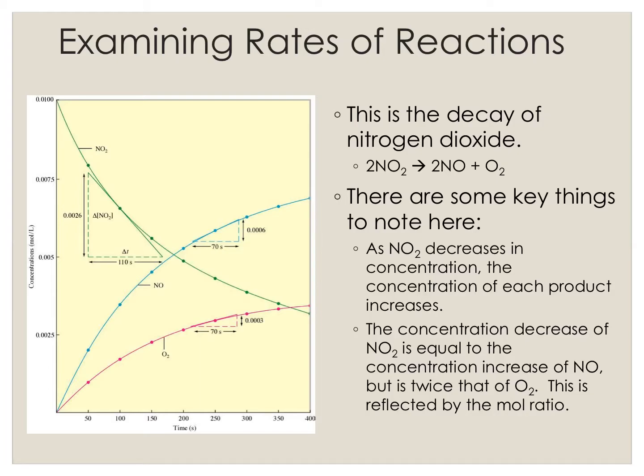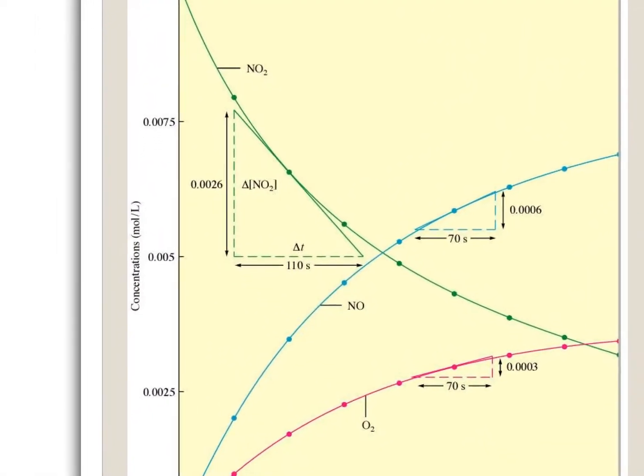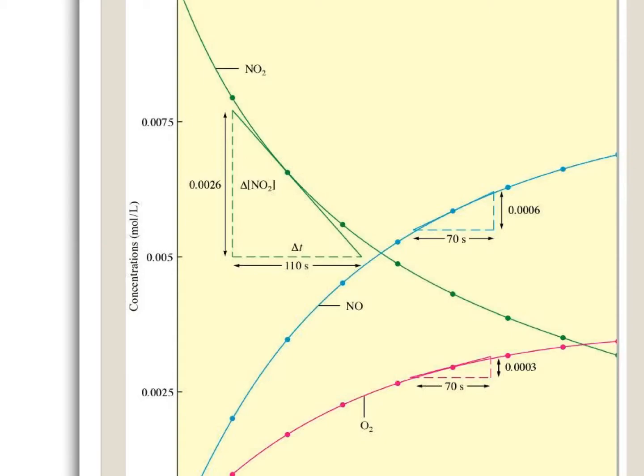So, examining the rates of reactions. I have this reaction here. My reactant is obviously the downward slope. This is what is going away in concentration. This is what is increasing in concentration. What you notice is that we have different colors occurring here, or different changes in slope. Without even looking at the reaction, you could figure out the mole ratio here.